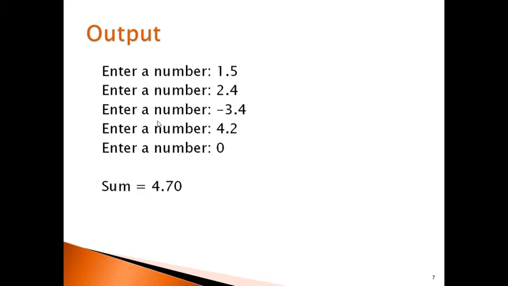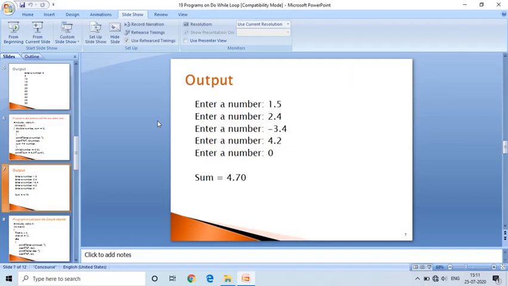The loop is executed until you enter 0. Whenever you enter 0, it calculates the sum of the numbers you entered and displays the output on the screen. Now we will see how it is working. We will execute this program on the compiler and check whether it is working or not.